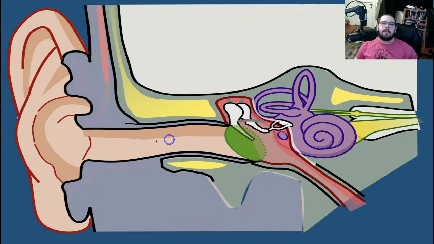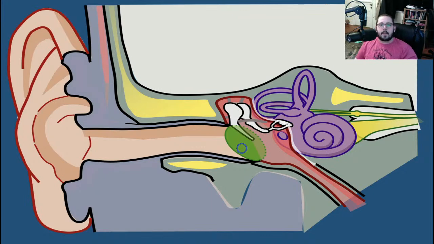As they go, eventually those vibrations are going to travel, vibrating through the air, until they hit this little green circle in the diagram right here. This is the eardrum, or the tympanic membrane. All right, so these vibrations have been traveling through the air and are now bumping up against this membrane, and that's causing the membrane itself to vibrate.